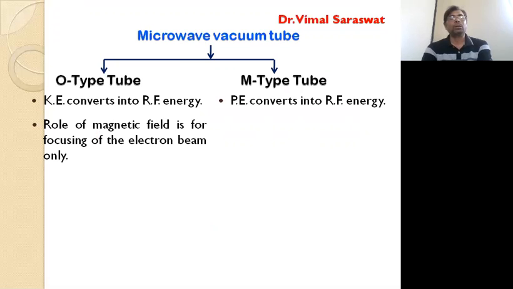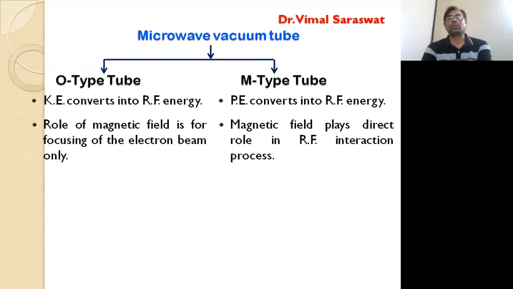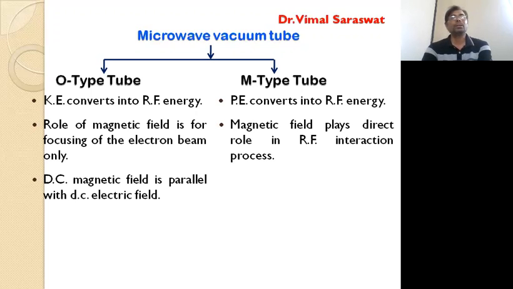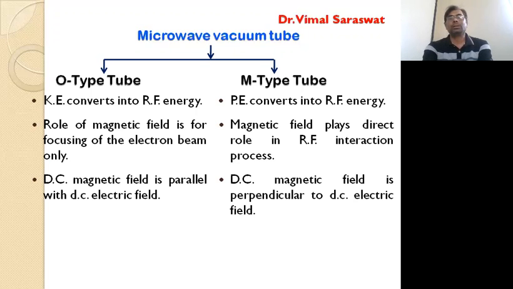In O-type tube, the role of the magnetic field is for focusing of the electron beam only, whereas in M-type tube, the magnetic field plays a direct role in the radio frequency interaction process. In O-type tube, DC magnetic field is parallel with DC electric field, whereas in M-type tube, DC magnetic field is perpendicular to DC electric field.